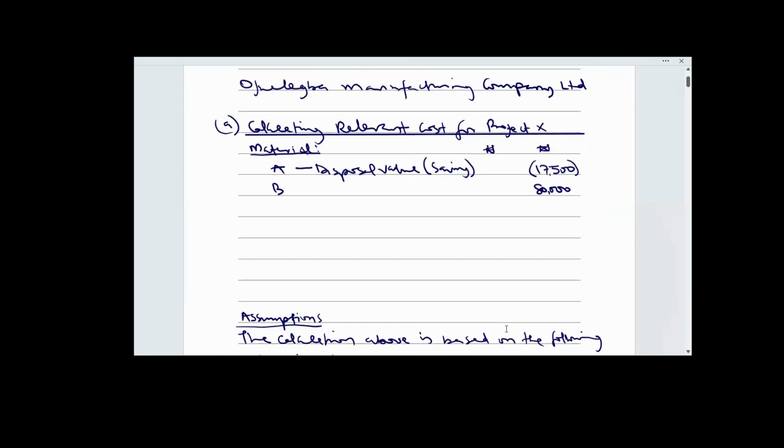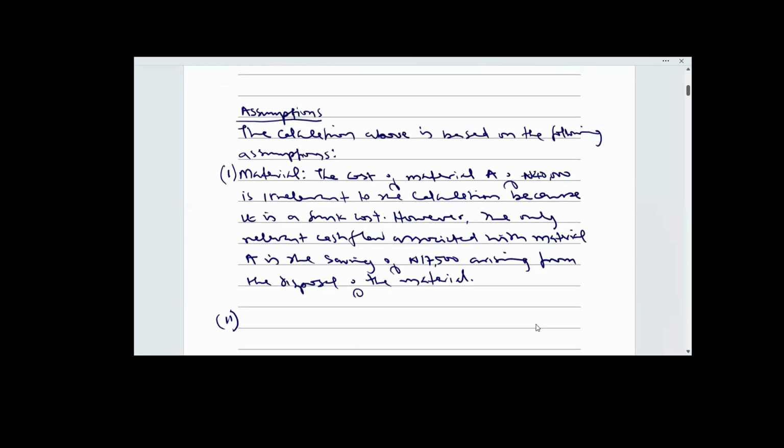So I would then go up there and say: labor, extra labor cost, 70,000 naira. Then let's go and state our assumption.